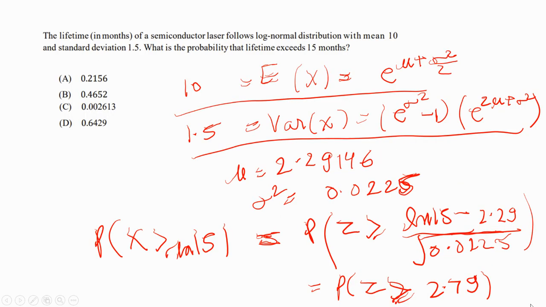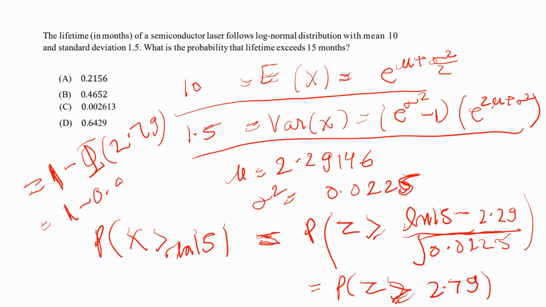So this will be 1 minus phi of 2.79, which will be 1 minus 0.9974, and that will be 0.002613. So there is this calculation involved which you can do, and if you have any issue in solving this, then I'll say it in the next class.